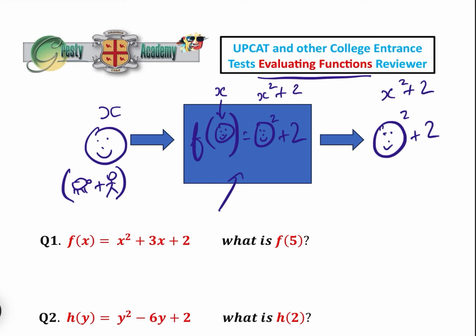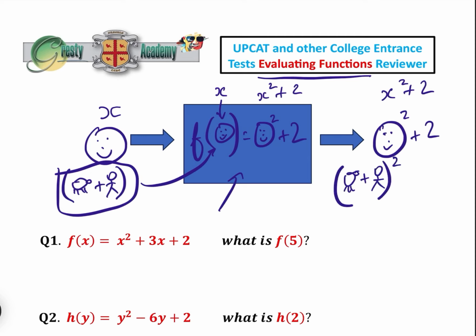Well, what this function is going to do is take whatever we input, and in this case it's a dog plus a stickman, and turn it into a dog plus a stickman squared add 2. So our output would be a dog plus a stickman squared plus 2.